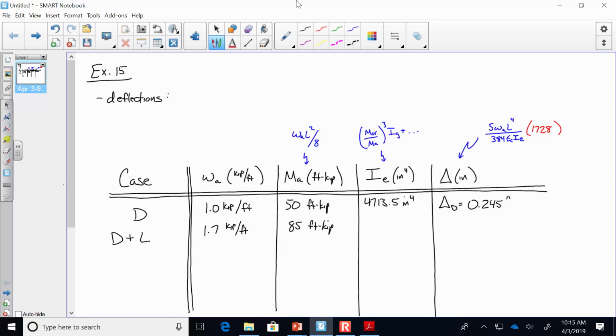So what's Ie? You starting to see why I set it up this way? Otherwise, you're going to have to sit here and write the formulas all over again and so on and so forth. Set it up in a table and it makes your life a little easier. Does anybody know what Ie is? And here's the formula so you all can plug and chug this. 4198.6, we'll say.